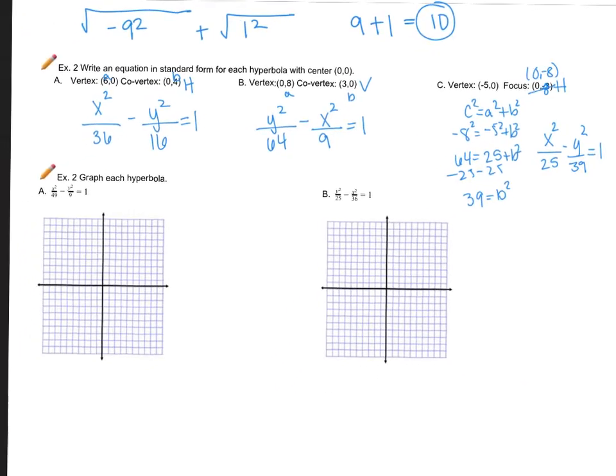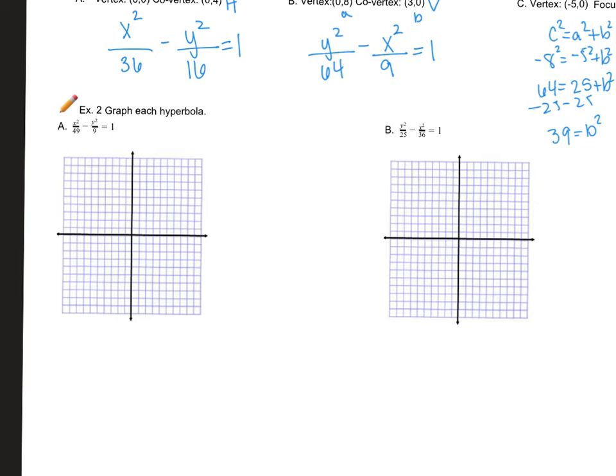Alright, so this one's horizontal. My a is going to be the square root of 49. My b is going to be the square root of 9. So for my vertices, because the center is at (0, 0), it's going to be (a, 0) and (negative a, 0).